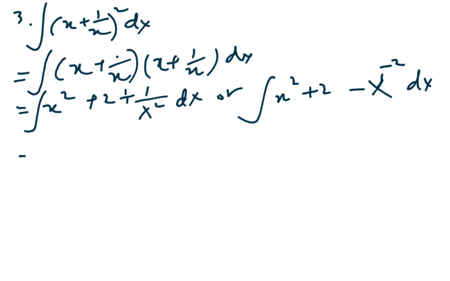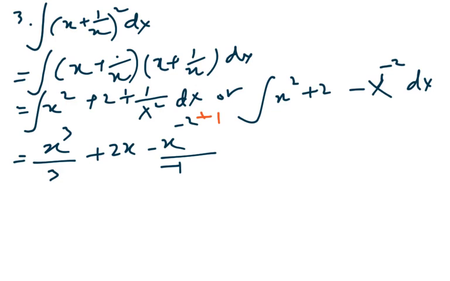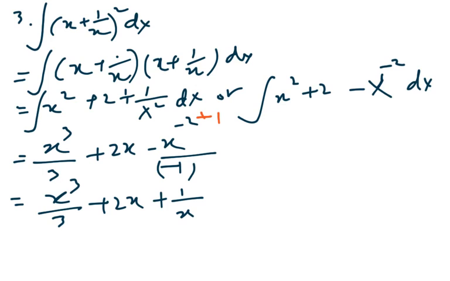Let's integrate now. You get x^3/3 + 2x minus x^(-2+1) over negative 1. Therefore, simplifying, x^3/3 + 2x. Negative and negative give you a positive, so 1/x + c.